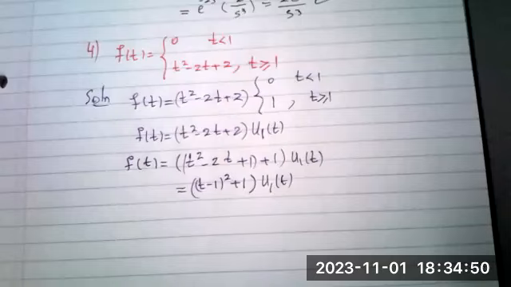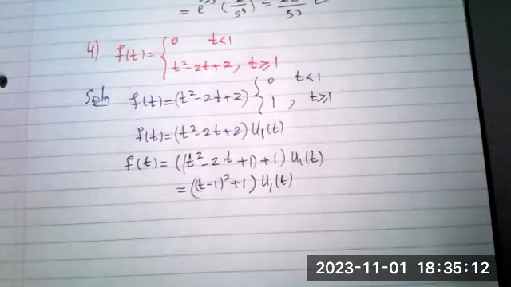You change the t to t minus 1. So it's t minus 1, your new variable. You call it z. So it's z squared plus 1. When the function is z squared plus 1, it's c squared plus 1, a squared plus 1. Okay, so the function in this case is t squared plus 1.